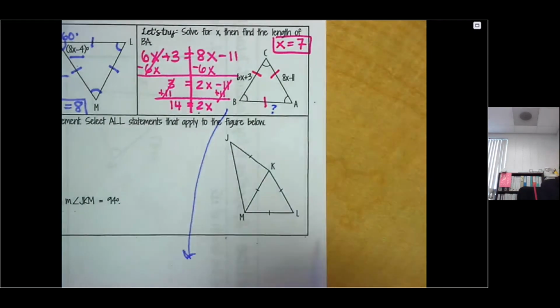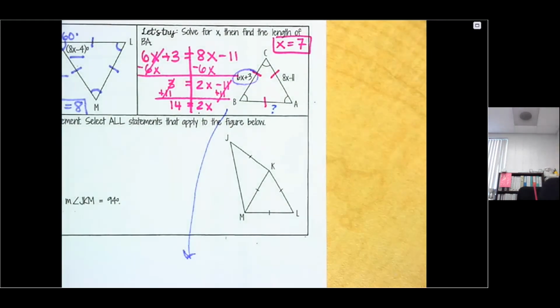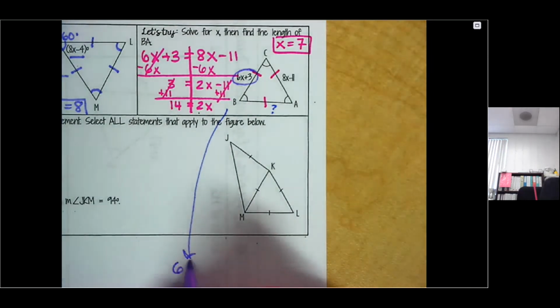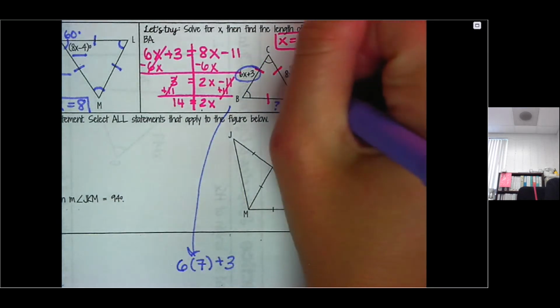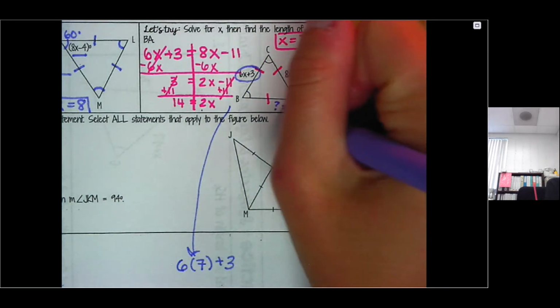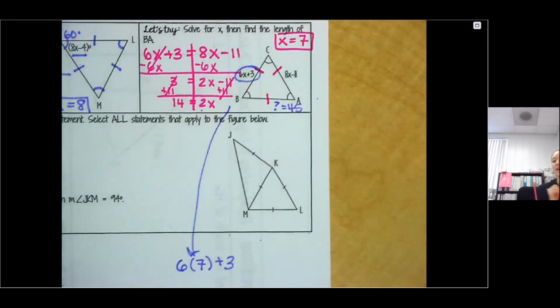I'm going to plug it into this one right here just because that one looks easy. 6 times 7 plus 3 is 42. Plus 3 is 45. So all 3 sides are 45. 45, 45, 45. All are the same.